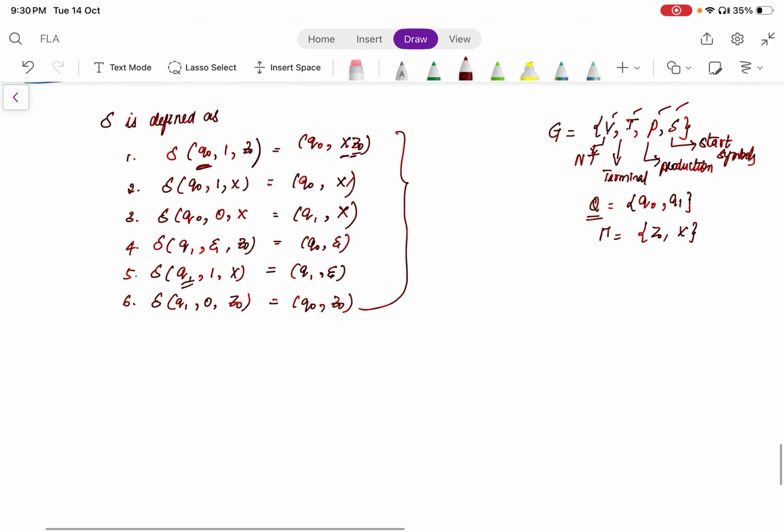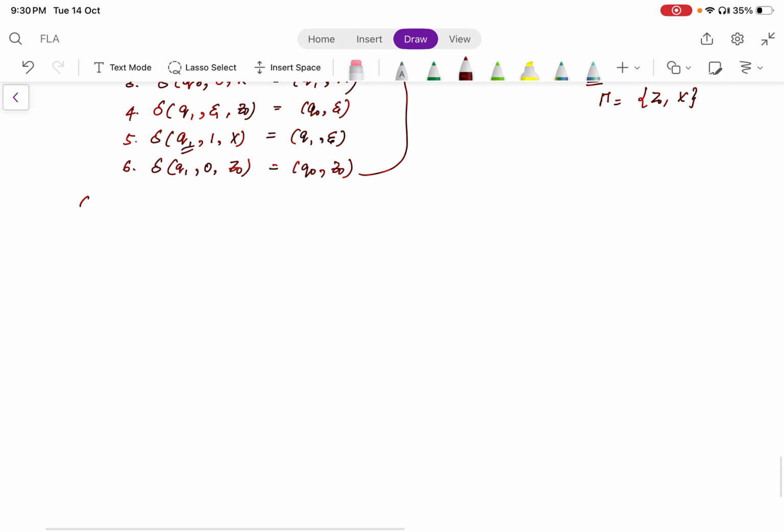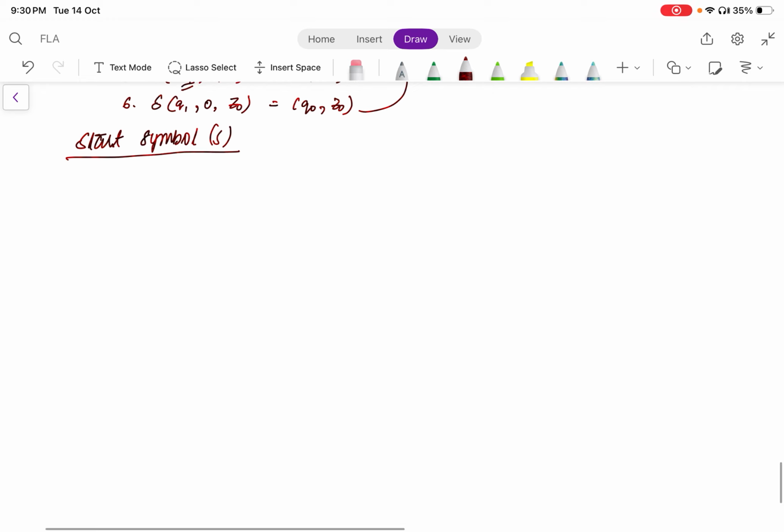Now let's find the start symbol first. The start symbol is represented using S. The template for writing the start symbol production is: initial state, then stack initial, then the set of states.